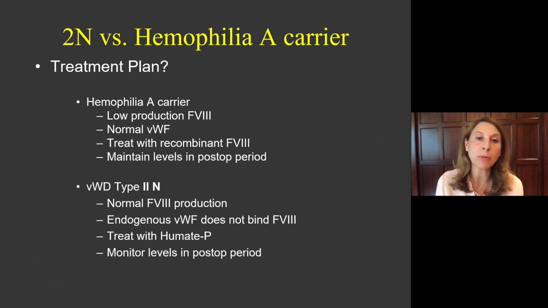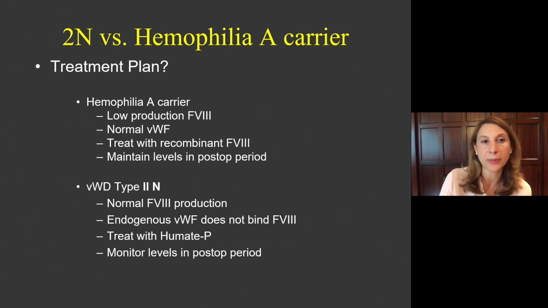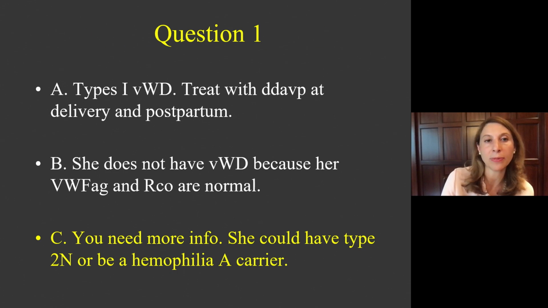You can treat them with recombinant factor 8 and maintain levels in the post-op period, whereas a von Willebrand type 2N can have normal production but abnormal binding of factor 8, endogenous factor. Von Willebrand factor does not bind to it. You want to treat them with Humate-P or another von Willebrand concentrate, and you want to also monitor levels in the post-op period. So that's a little bit about how to distinguish 2N from a hemophilia A carrier. And so C was the correct answer.